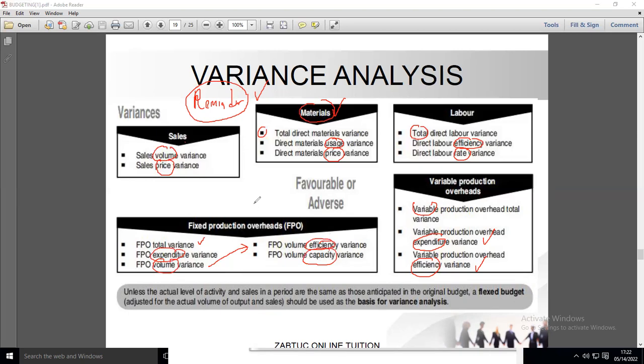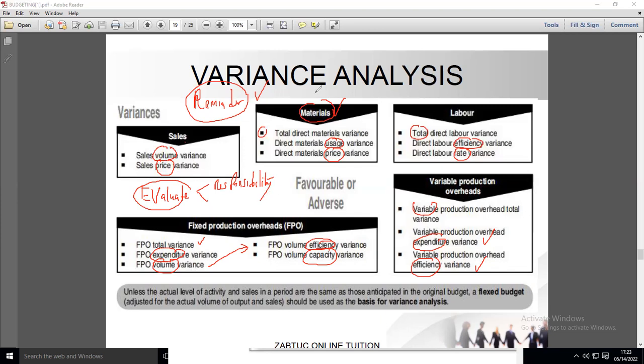So way back, there was a question which had been given where variances were in total and the students were asked to evaluate. And one of the quickest things to point out was that variances which are on a total basis are not very useful because we cannot split responsibility. So they will not help us as much.